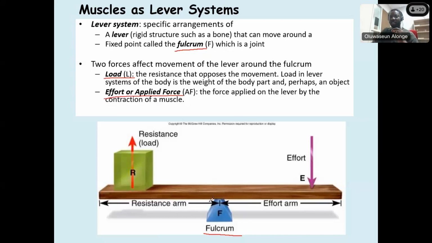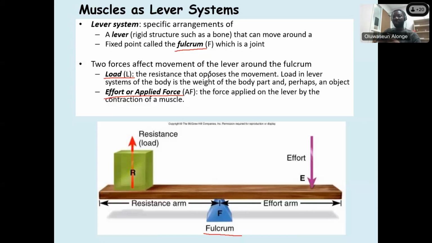Now, look at this image here. Here is the load, which is also the resistance force. Here is the effort, which is the same thing as the applied force. And here is the fulcrum. I'll come to this later.